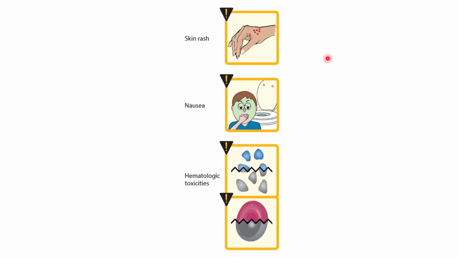Adverse effects include skin rash when used topically, nausea, hematologic toxicities including megaloblastic anemia, and also the leukopenia, thrombocytopenia, and these adverse reactions can be reversed by the administration of folic acid, because folic acid is required for the patient, but it's not permeable for the cells of the microorganisms. That is why it can be administered during the treatment.